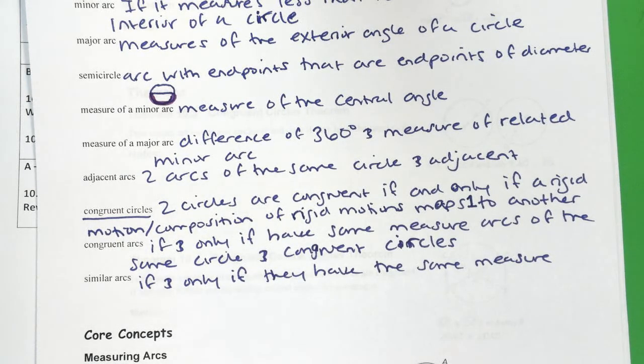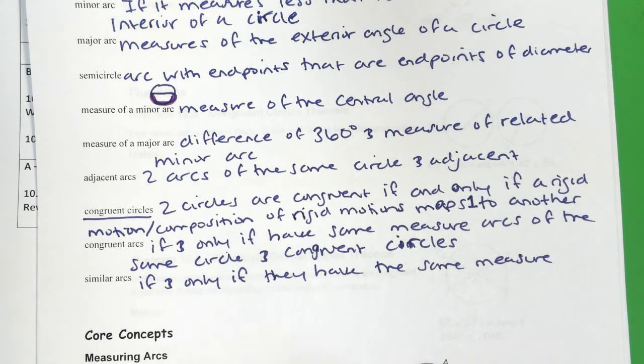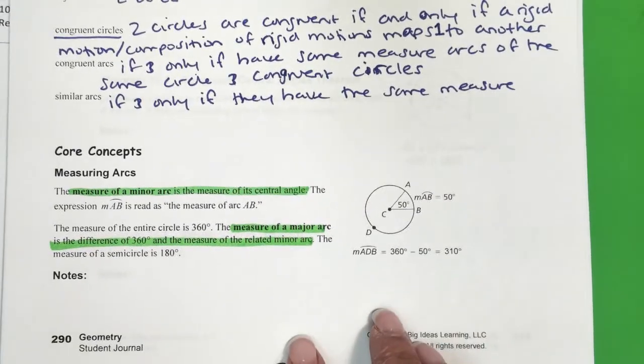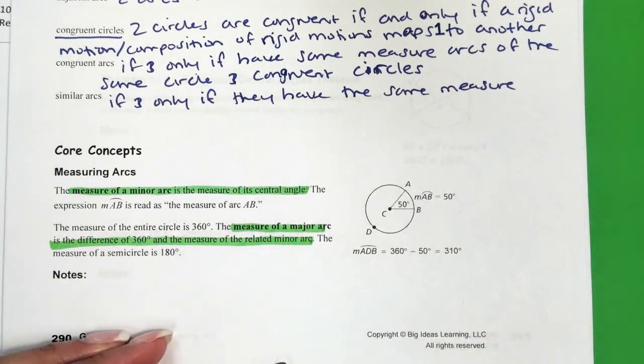So the measure of a minor arc is the measure of its central angle, and so it's already expressed here. The minor arc is with the central angle, so 50 degrees. Then the measure of the major arc is the difference. So if I were to take 360 minus 50, I get 310.